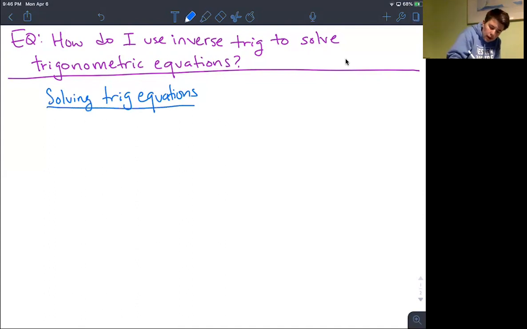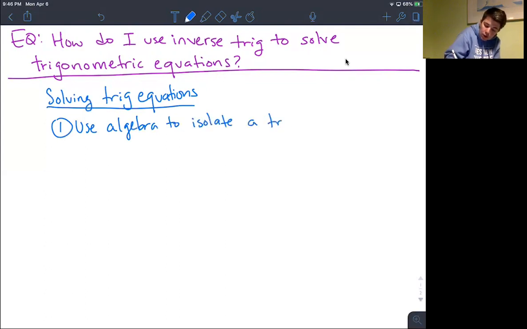Number one, we are going to use our good friend algebra to isolate a trig function. And if we can, we want to get it down to just one trig function. If there's more than one trig function in an equation, let's get it down to just one on one side. And this will make sense later as we do a couple of examples.